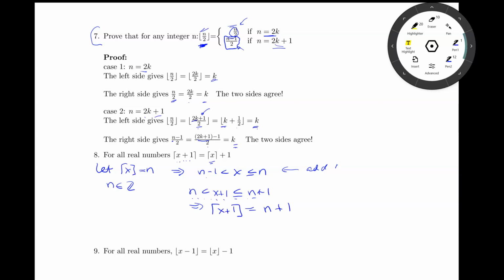Oh, now I think about where am I going? I'm trying to get to this right-hand side, correct? So I've got the left-hand side right here. I defined the ceiling of x as n. So there it is. The ceiling of x plus 1 is the ceiling of x plus 1.